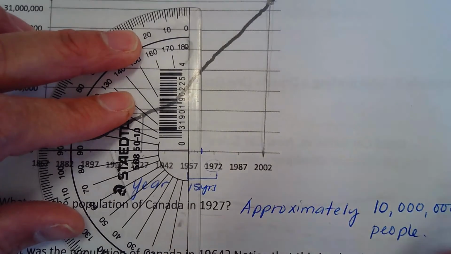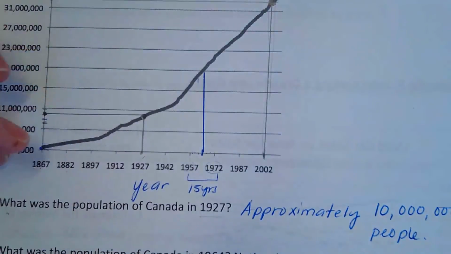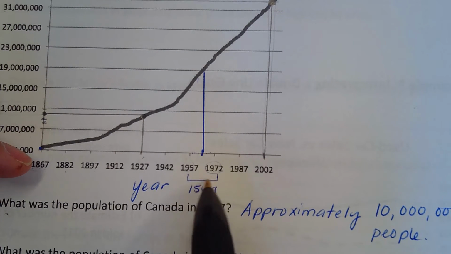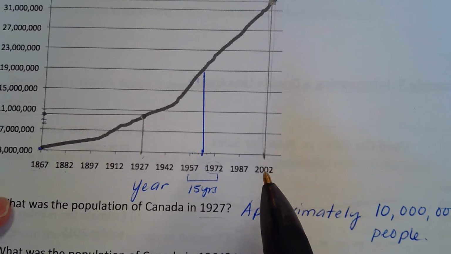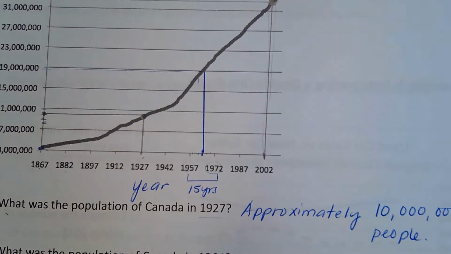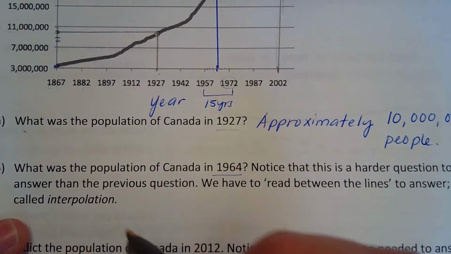So we approximate 7 years from there. Because if it's 15 years, 7 years would be somewhere in the middle. And then you take a look, well, what is that? It's approximately 19 million.